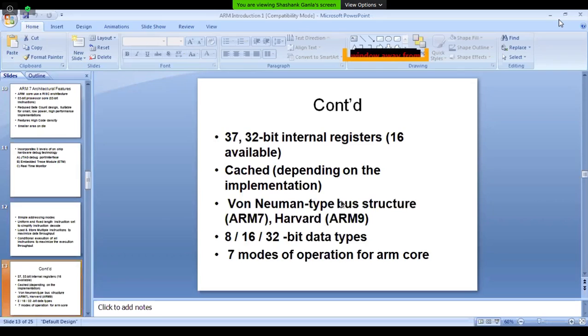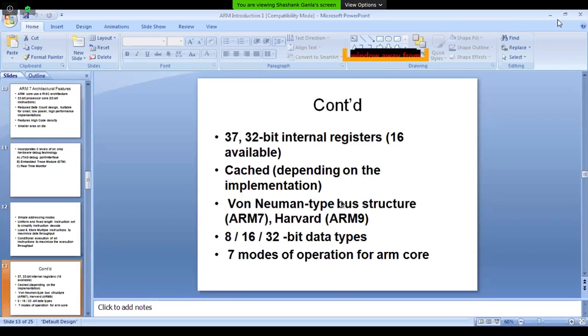Just like in 8051, where we have 8-bit registers divided into 4 banks as the core registers of the 8051 architecture, here the core registers of the ARM architecture are 37 in number, and each register is 32-bit in size.